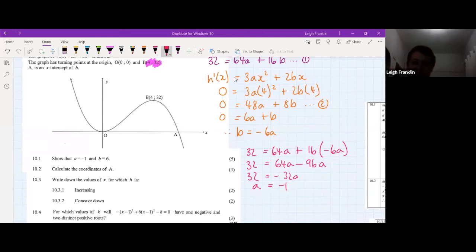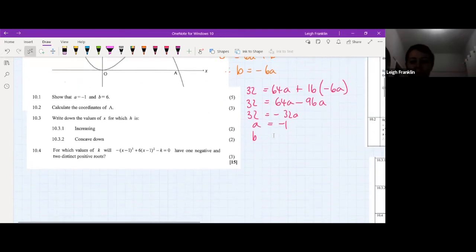And of course, now that we know what a is, we can go back and work out what b is by subbing it in. So b is equal to -6 times -1, and that's where the 6 comes from. Can you see how I'm emphasizing it one more time?